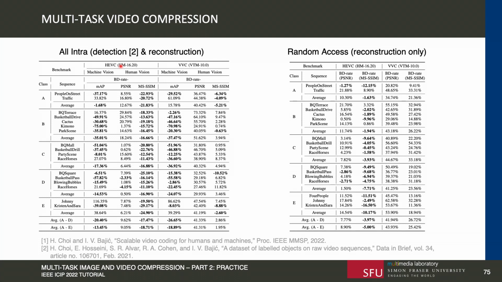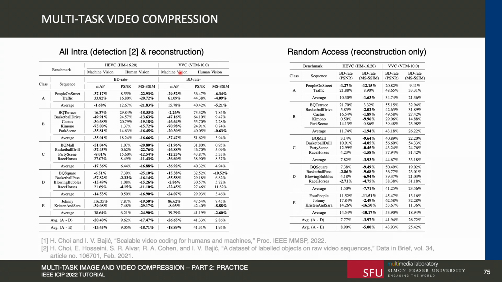And we'll see that there are gains of up to 20% savings in rate compared to that anchor on this dataset. If you look at all the sequences together, the gains are a little bit less, about 14, but in class E, HEVC does exceptionally well, and so without that particular class of sequences, the gains are higher.